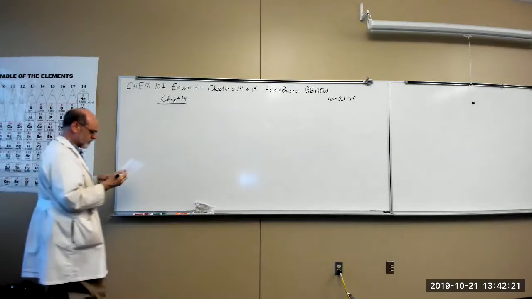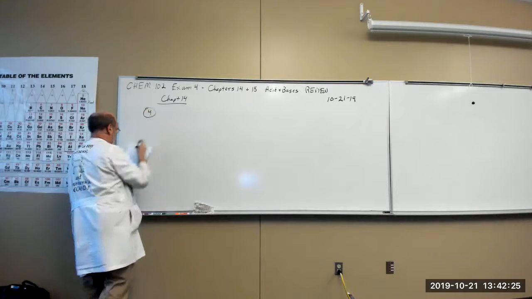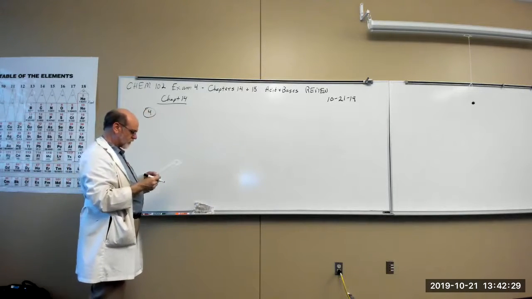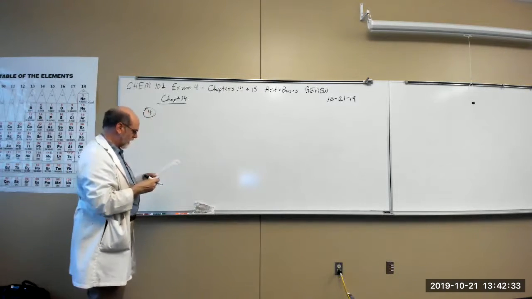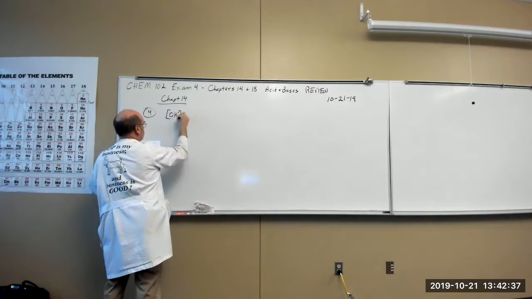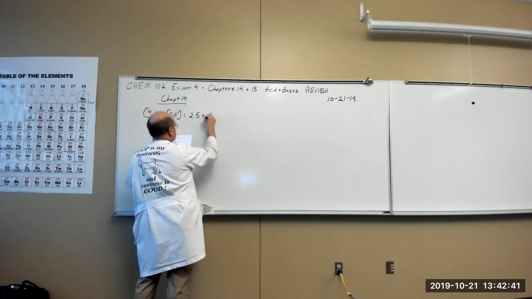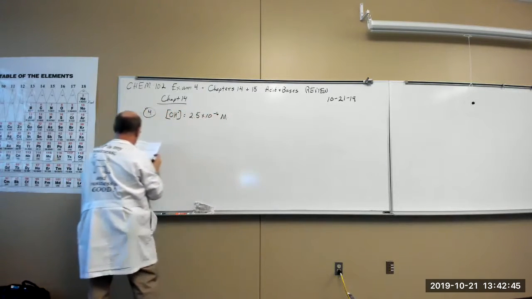All right, let's just finish out page 1 with number 4. Which of the following is not true for a solution at 25 degrees that has a hydroxide concentration of 2.5 times 10 to the minus 6 molar?